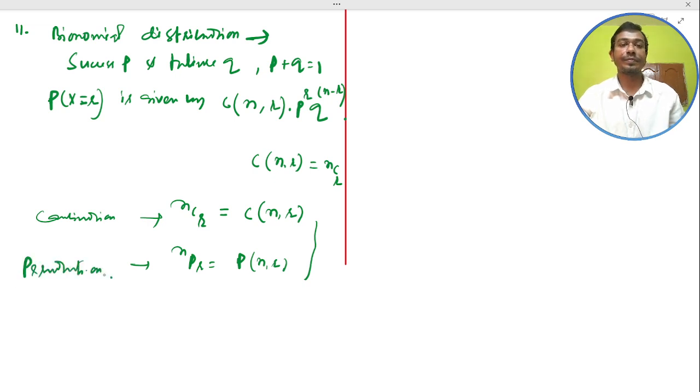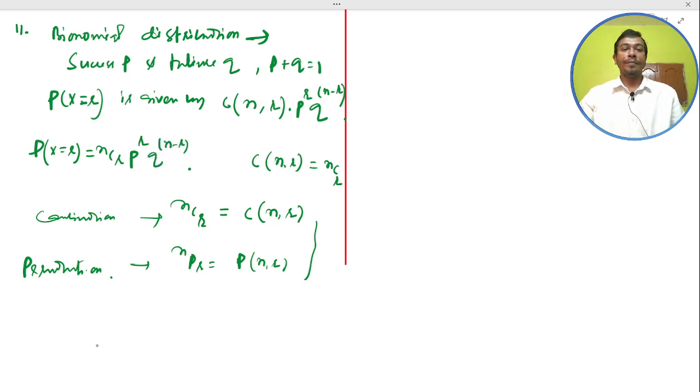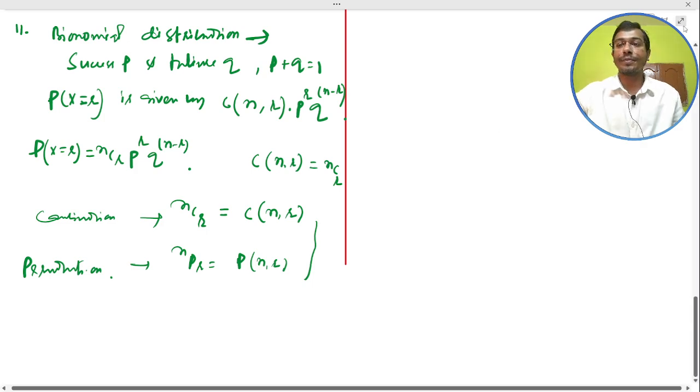Here P of x equal to r is nothing but nCr, success to the power r, failure to the power n minus r. This is the binomial distribution.